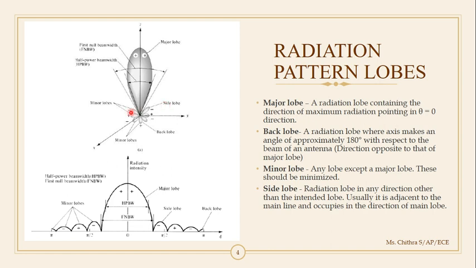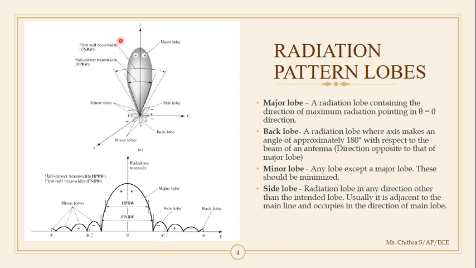So I repeat once again, major lobe is one that contains maximum radiation, and this will be in theta equal to 0. There will be no angular shift. It is the direction of radiation as well as the direction where there is maximum radiation. Back lobe is one which is totally 180-degree opposite to your main lobe.